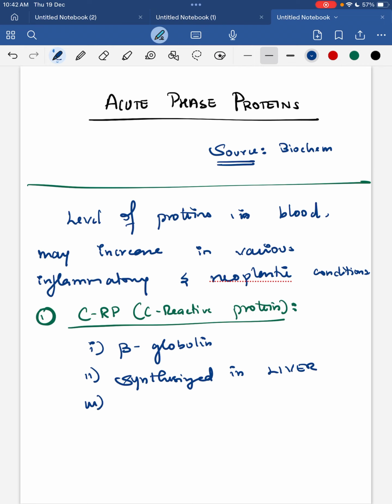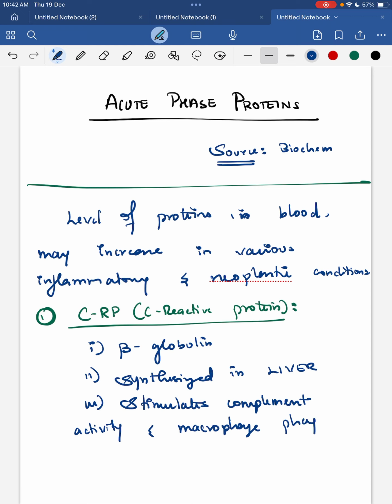Third point is it stimulates the complement activity and macrophage phagocytosis. This is very sensitive to the inflammatory condition.